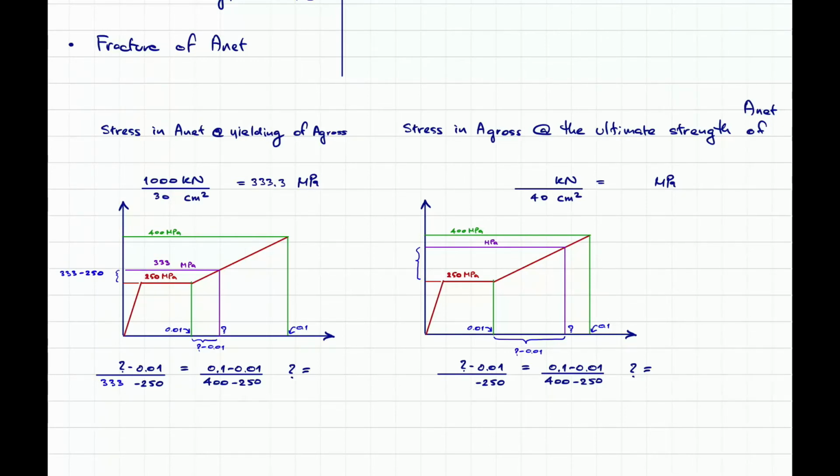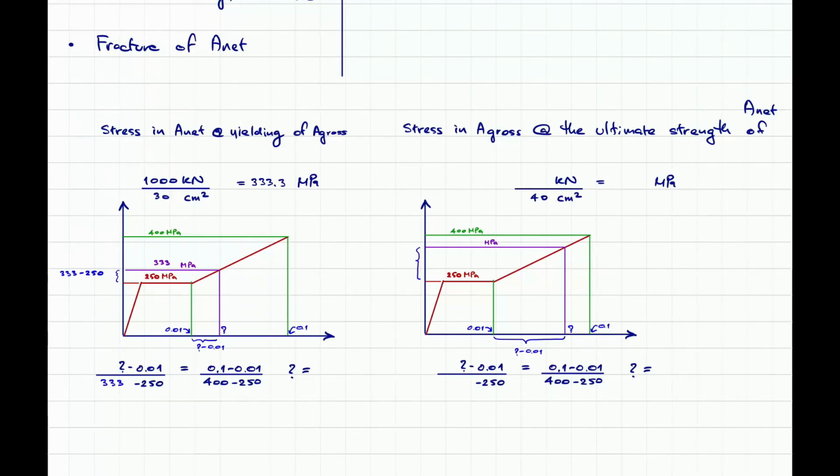Divide by 150, multiply by 333 minus 250. That is plus 0.01. Oops. Okay. 0.09, divide by 150, multiply by something like that.